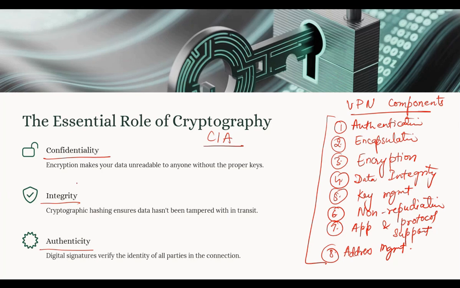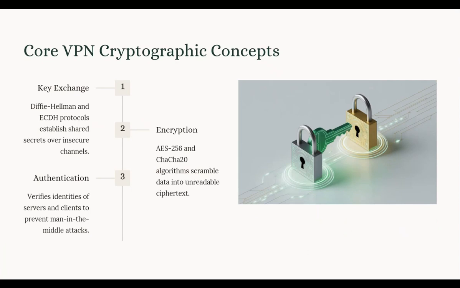Confidentiality is encryption, which makes the data unreadable to anyone without the proper keys. Integrity is hashing, which ensures that the data hasn't been tampered with in transit. Authenticity is digital signatures, which verify the identity of all parties in the connection.